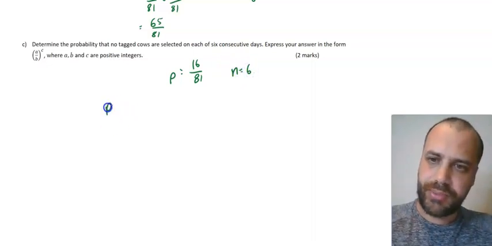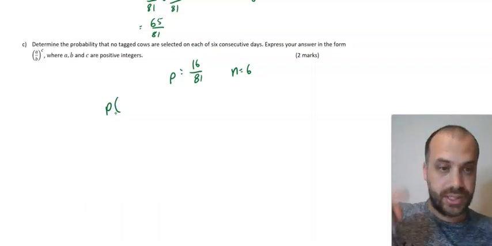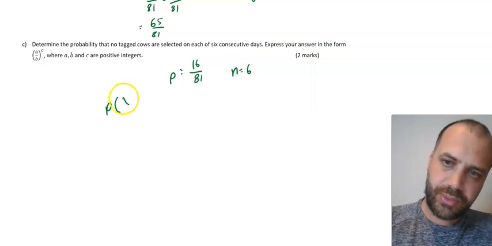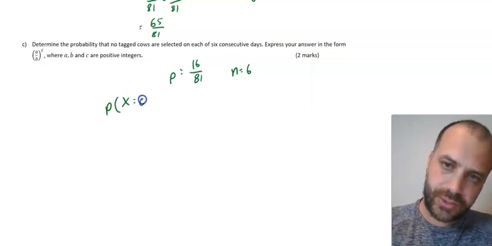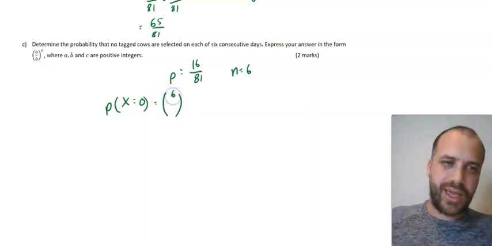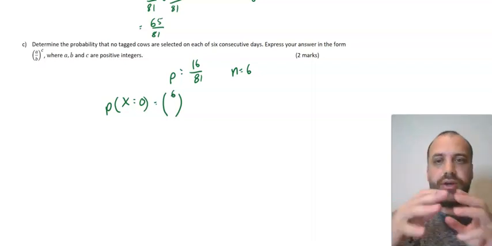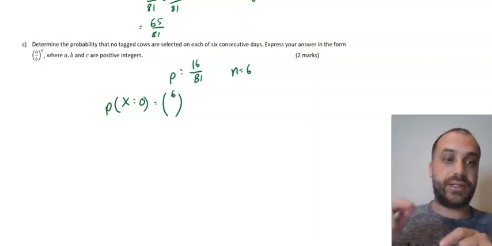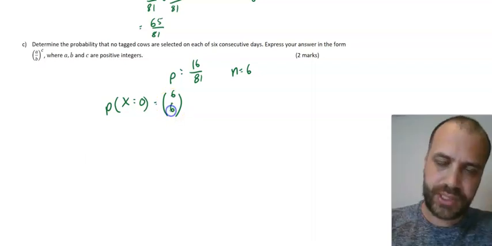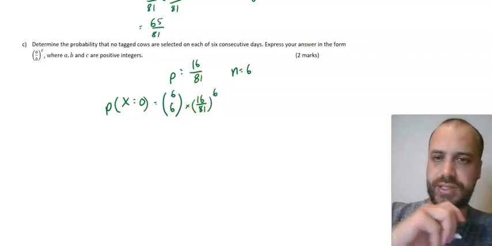Now the probability of getting no tagged cows on 6 consecutive days here, the probability that x is equal to 0, it's equal to, now we're going to have 6 trials, and we're going to have 6 successes, where success means having no tagged cows on a day. 6 from 6. And we're going to have exactly 6 successes. 16 over 81 to the power of 6.